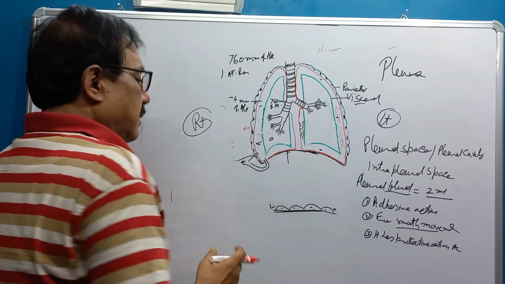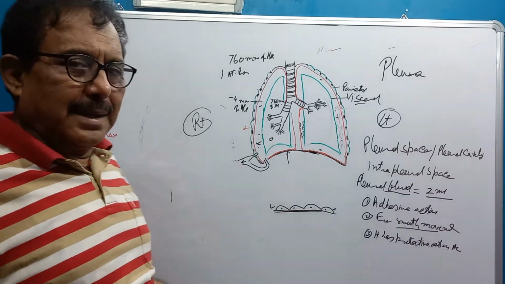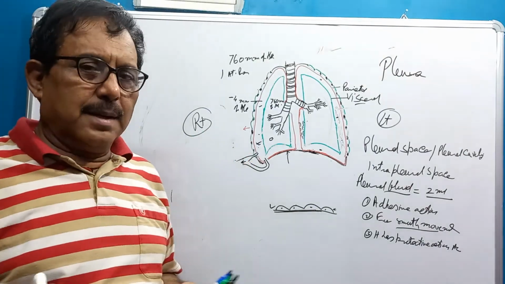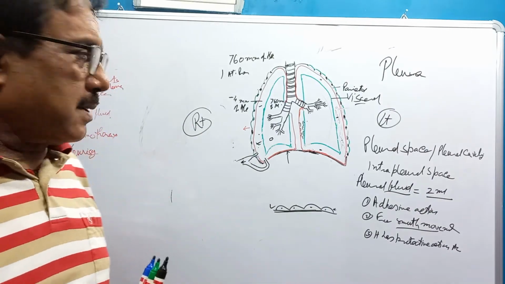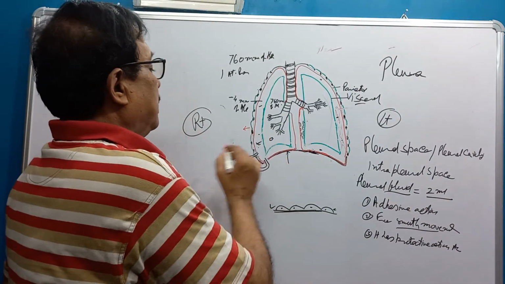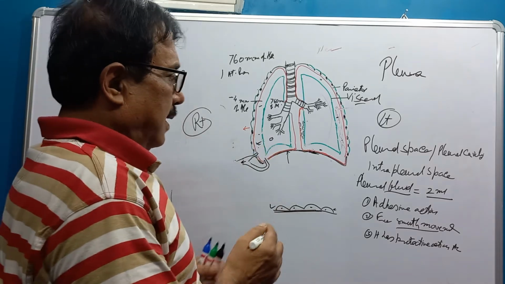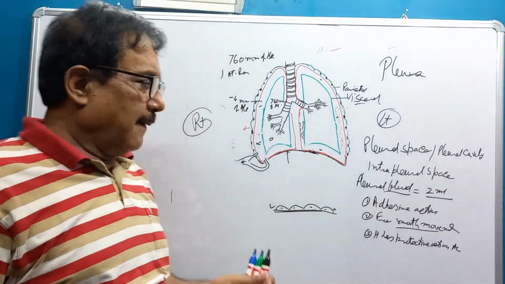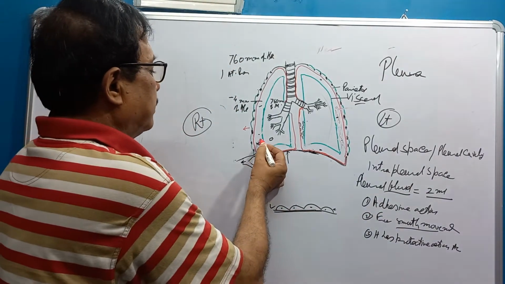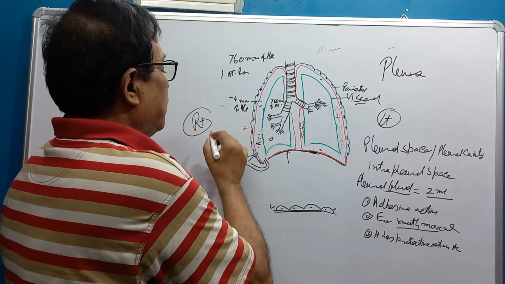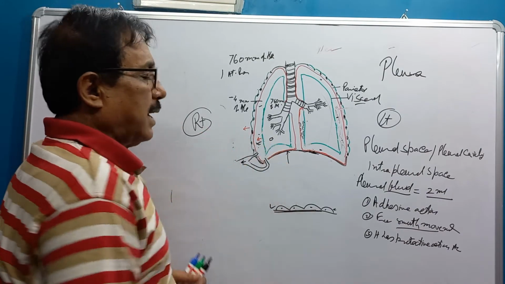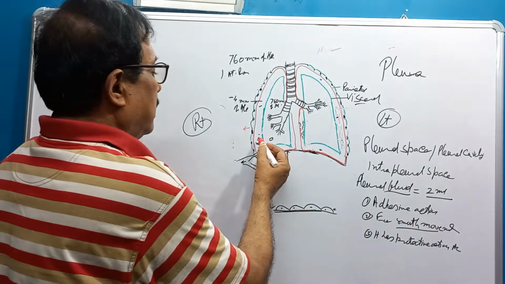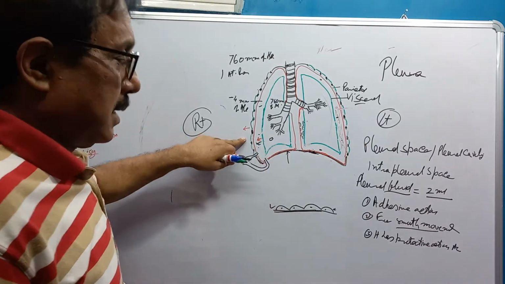When the chest wall moves outward, the parietal pleura, which is adherent to this chest wall, will also move with it. As the parietal pleura and visceral pleura are very close, and there is pleural fluid causing adhesive action, the visceral pleura along with the lungs will also move according to the movement of the chest wall and diaphragm.